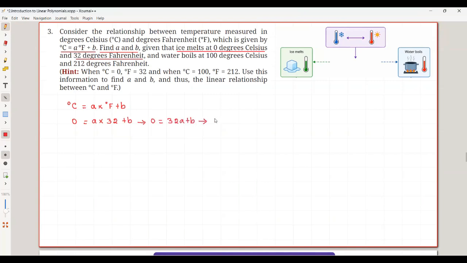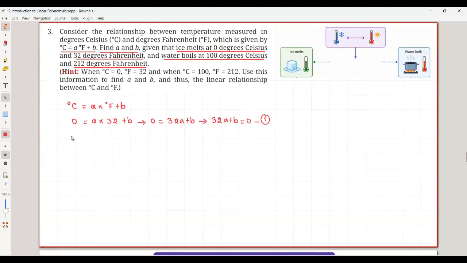We write it in standard form, so I rearrange: 32a plus b is equal to 0. This is the first equation. The same way you can do it for water. Water boils at 100 degrees Celsius and 212 degrees Fahrenheit. In the place of degree Celsius, I have to take 100.